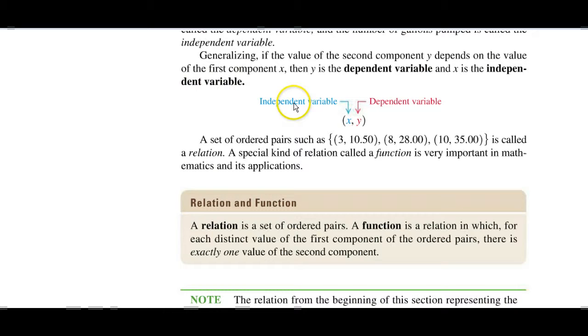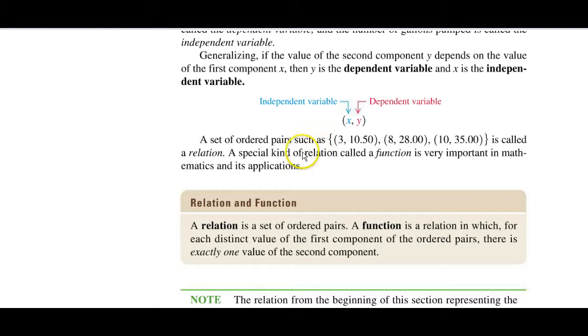And again, they're reviewing an independent variable was x, the dependent variable was y. So if you buy 3 gallons of gas, this is what it's going to cost. If you buy 8 gallons, this is what it's going to cost. Now, when we see items in an ordered pair like this, it is considered a relation because the x and y are tied together.